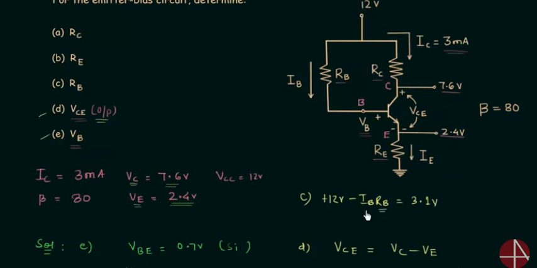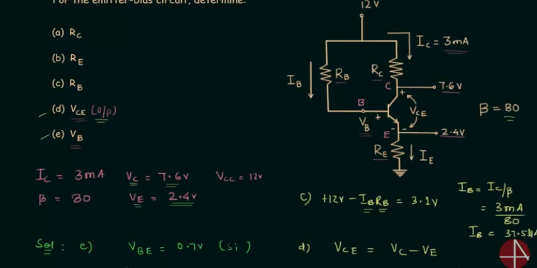for this we also need the current IB, and IB is equal to IC divided by beta. IC is given in the problem, it is equal to 3 milliamps, divided by beta is equal to 80. When you solve this, you will have the value of base current IB equal to 37.5 microamps.